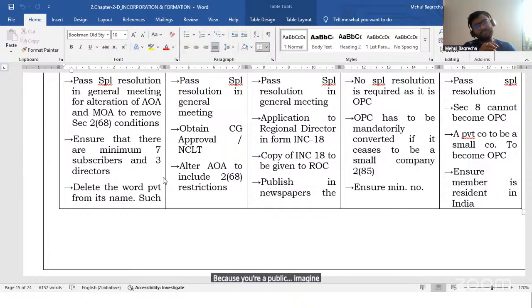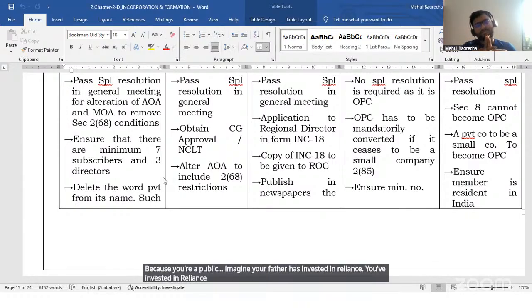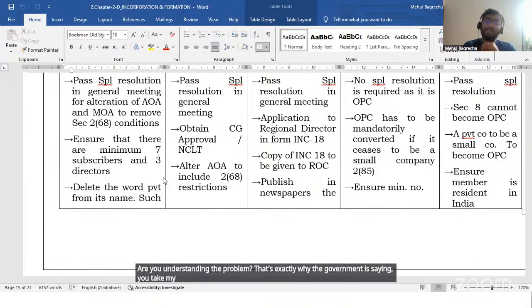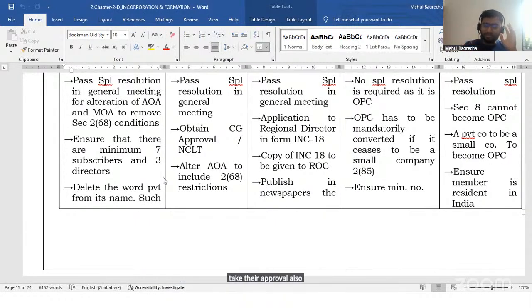Imagine your father has invested in Reliance. Suddenly Mukesh Ambani says, I want to convert my company into a private company. Your investment? Big question mark. Where will that go? Are you understanding the problem? That's exactly why the government is saying, you take my approval and take the NCLT approval also. What is NCLT? National Company Law Tribunal. It's the court for company law matters. Take their approval also. Clear, everyone?